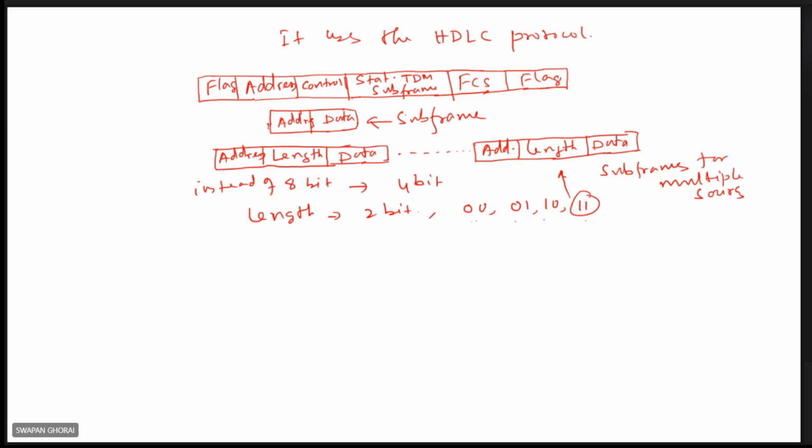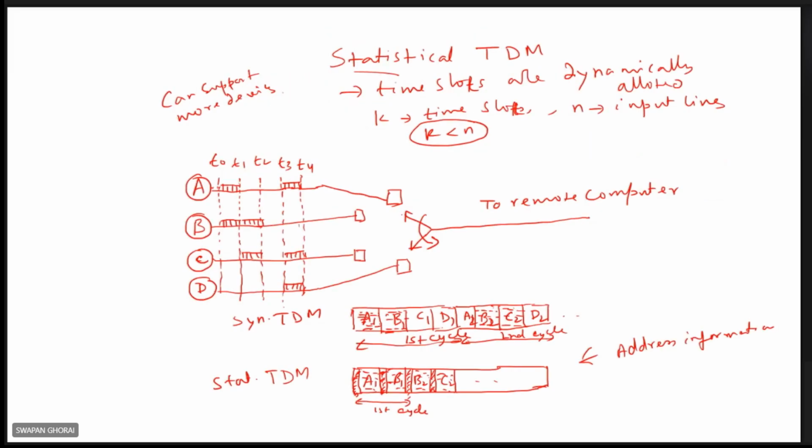So today is this much. Since you have a quiz today, I'm not discussing more. But if you have any questions regarding statistical TDM, you can ask. This is the most important topic, because further lectures will be based on statistical TDM.